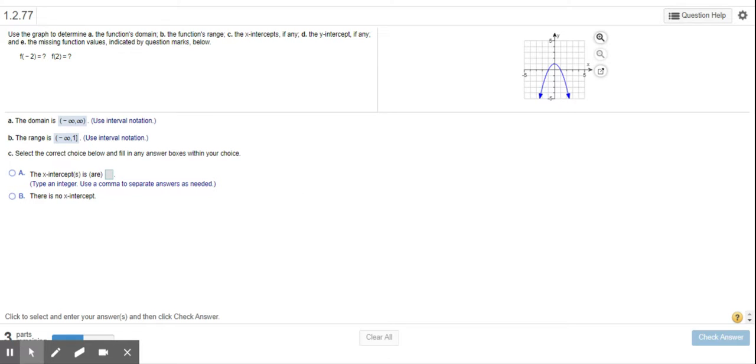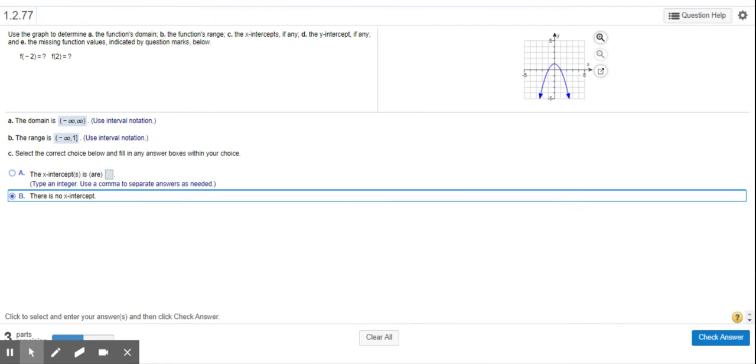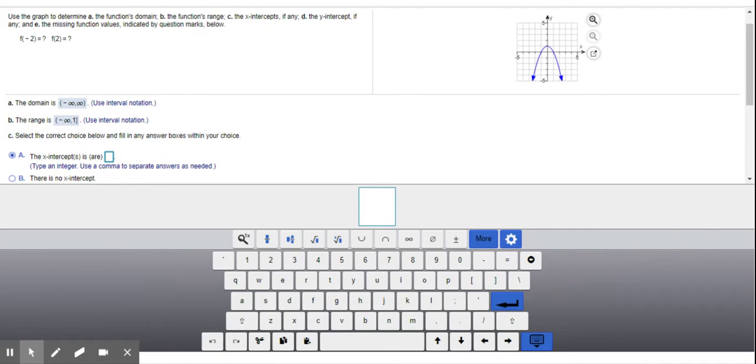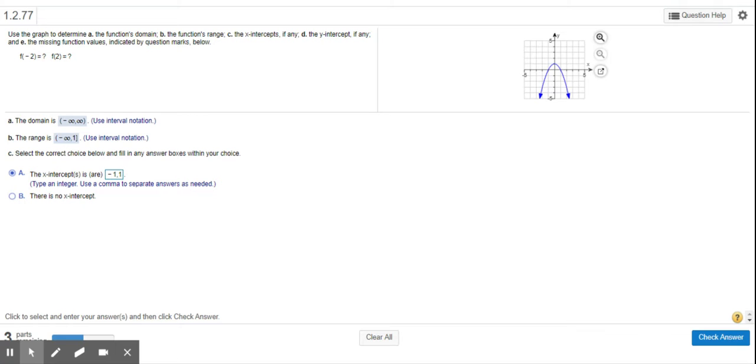So I'm going to type -1 and then comma 1. The order you put them in should not matter. It should recognize both ways as correct.